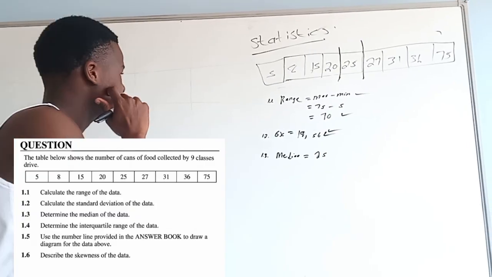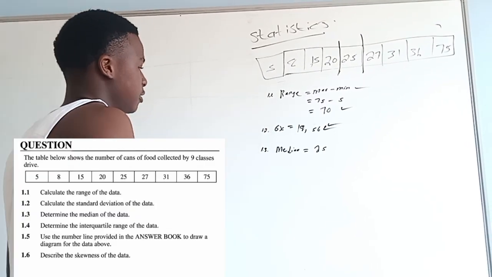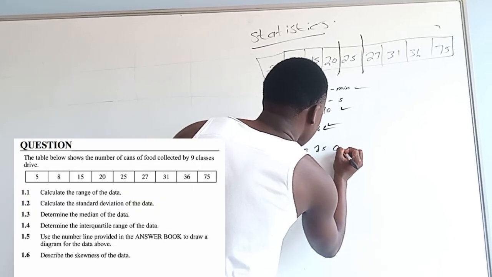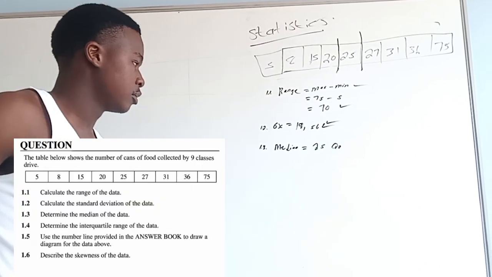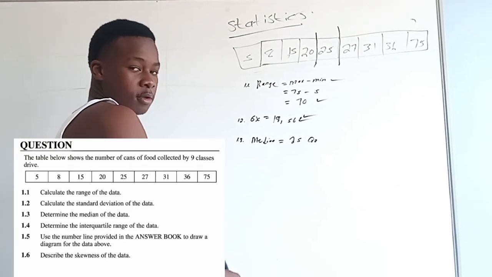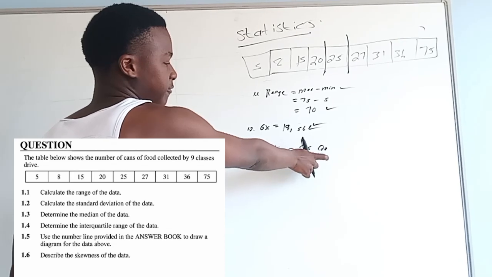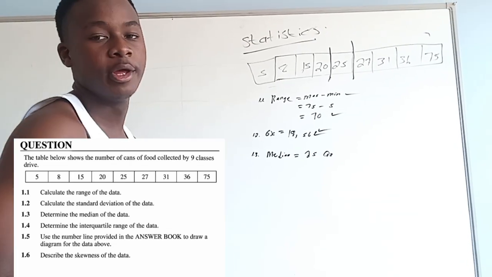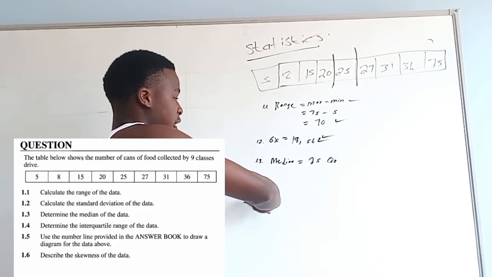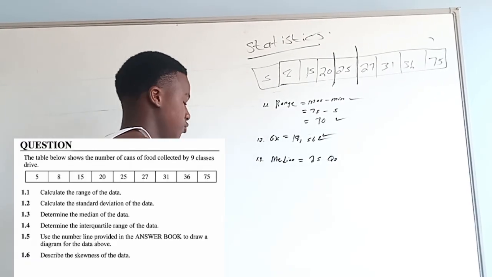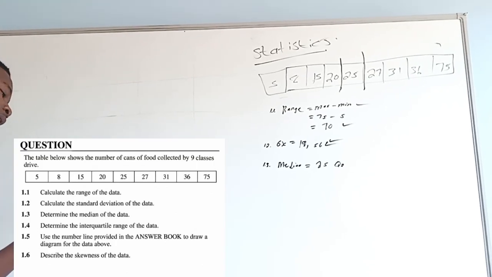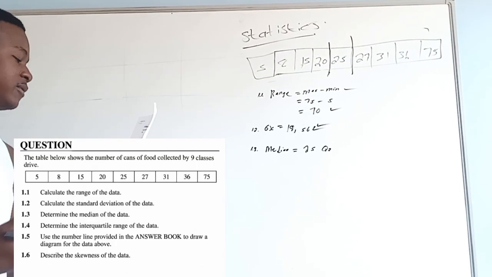And median is Q2. We call it Q2. So we just say median equals 25. Q2 is the sign for median. When we draw the box and whisker diagram, median is Q2. And then 1.4: determine the interquartile range of the data.